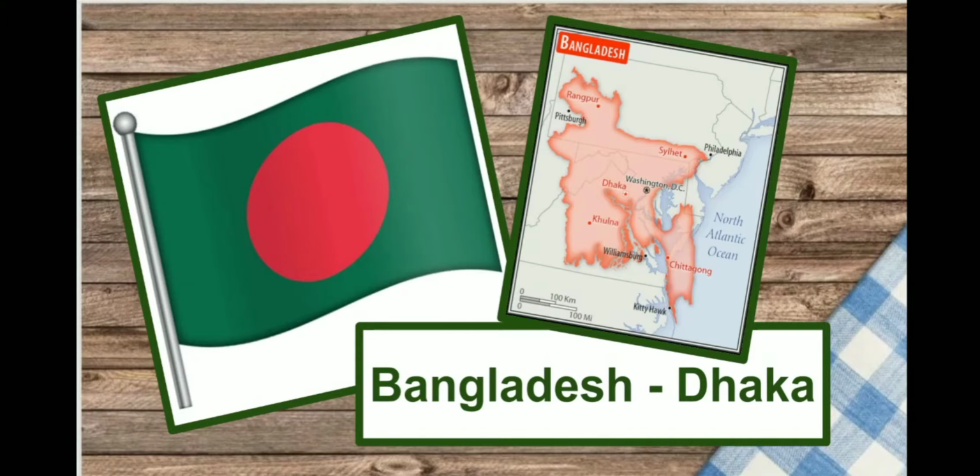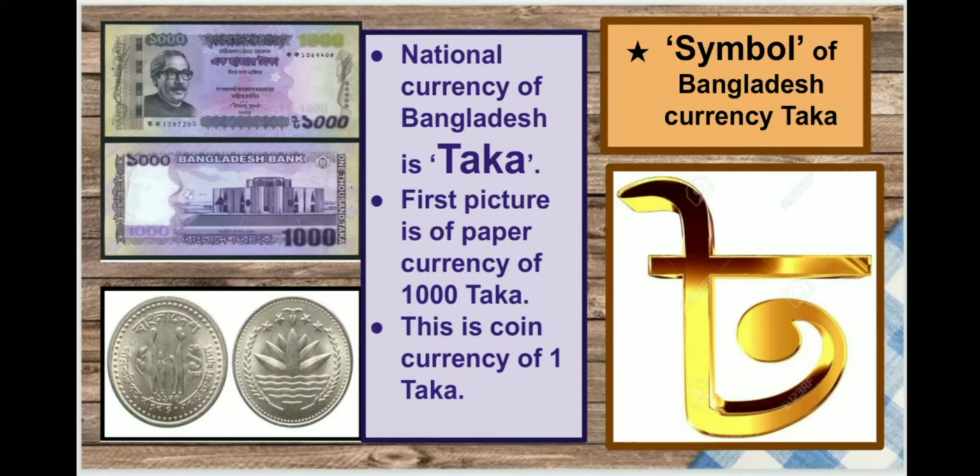Okay, so what is the capital of Bangladesh? Dhaka. And this is all about also Bangladesh. National currency of Bangladesh is Taka. You can see in the first picture, paper note is there, and this paper currency is 1000 Taka.